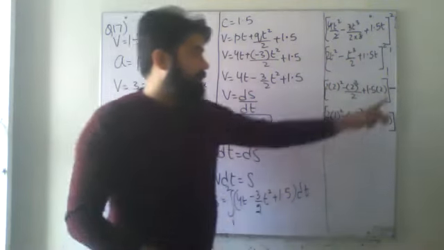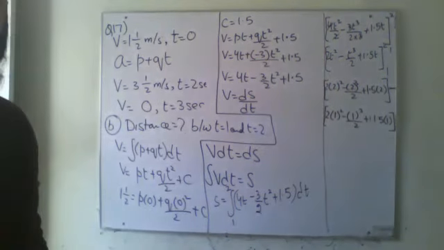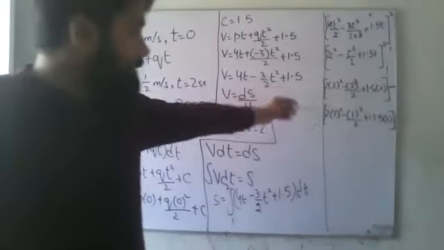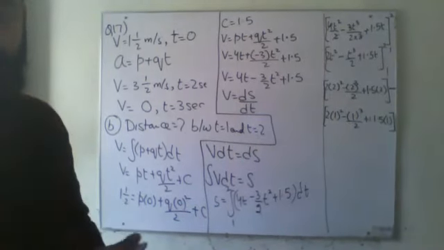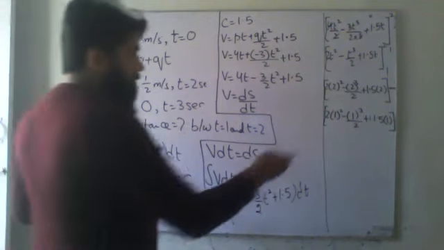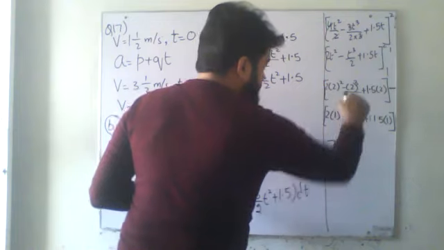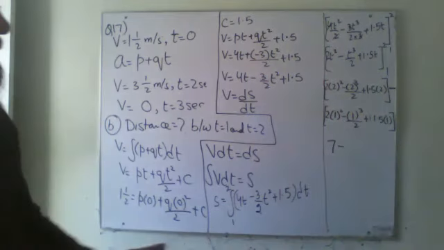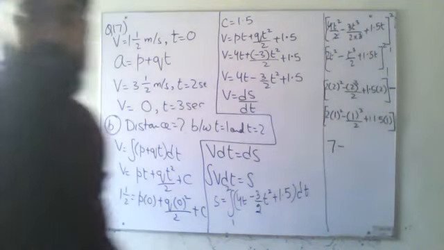There is a minus sign over here. Now I have to get the values separately, this one and this one, and then subtract them. The first one, when I solve it, the result is coming 7.